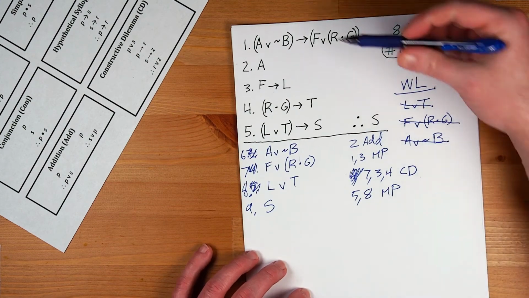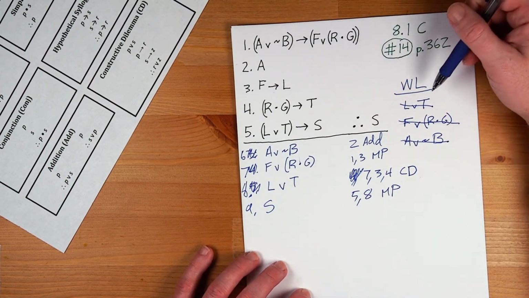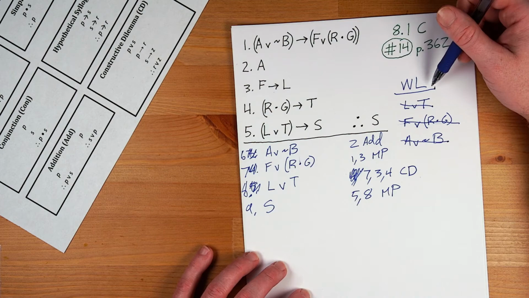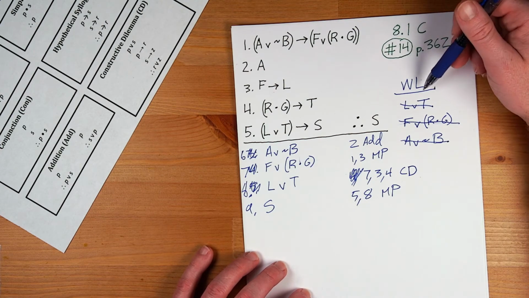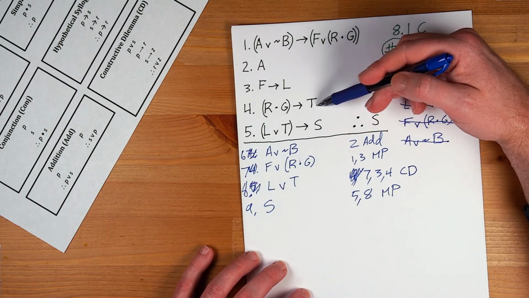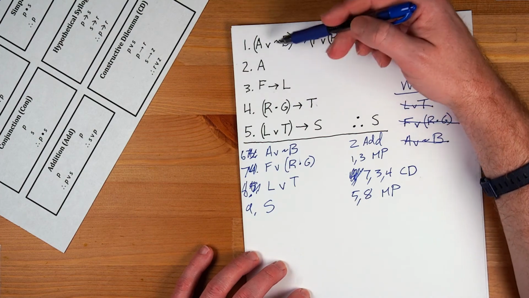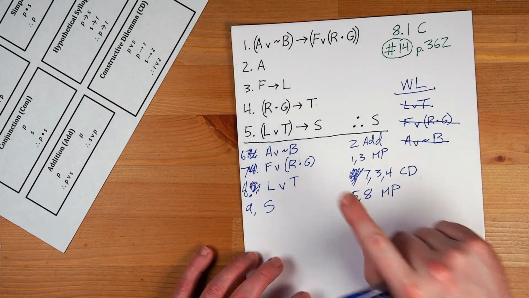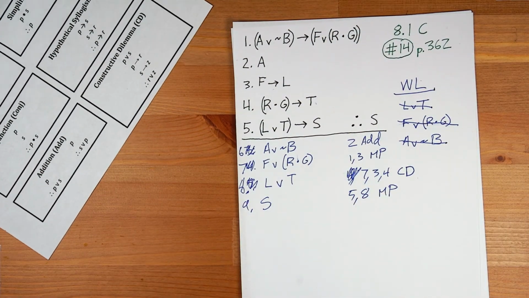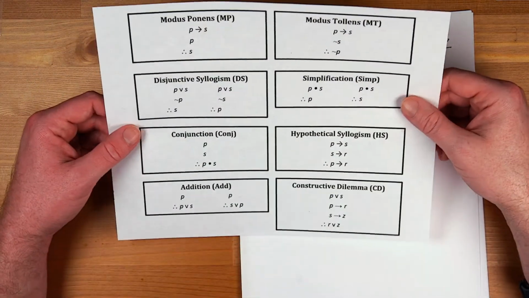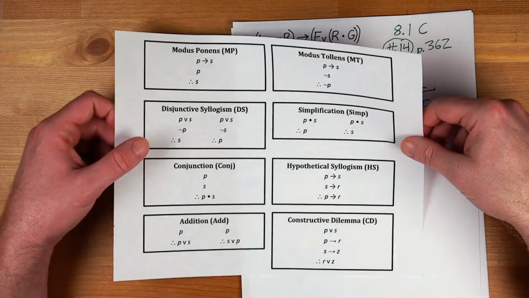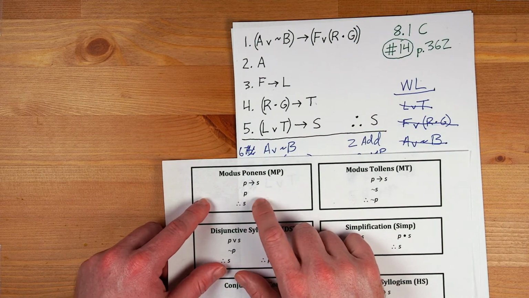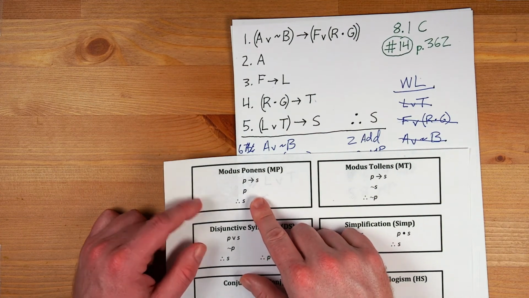If you're not sure where to go thinking forward, remember, try to use the wish list. You might not have thought of constructive dilemma right away. You might have tried a few other things, but when you get stuck, here's what you do. You pull out your list of rules and you say, would this rule help me?